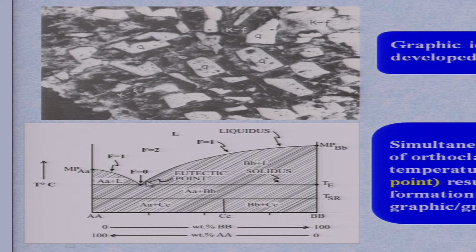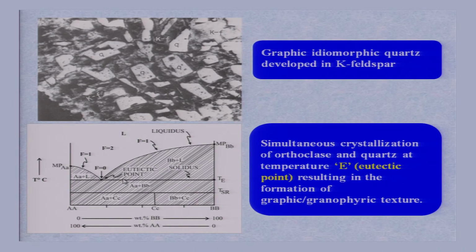But these two curves merge together at a point. This point is called a eutectic point. Because of simultaneous crystallization of two mineral components, the graphic intergrowth or graphic texture has been formed. This is the reason why graphic texture has been formed.